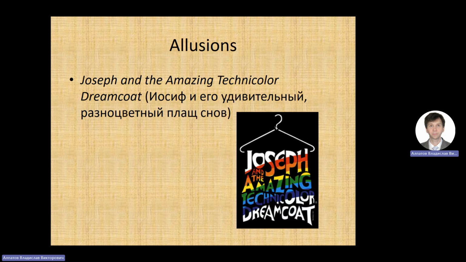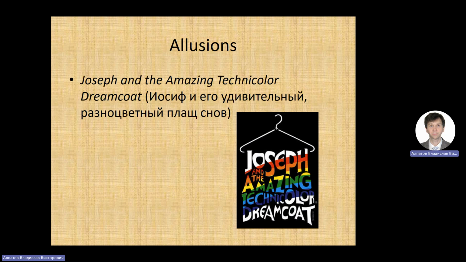Well, most often allusions are made to the Bible, as the foundation books of European literature. And the allusions can come in various forms, not only in books, but also, for example, this is the name of an American musical, Joseph and the Amazing Technicolor Dreamcoat.